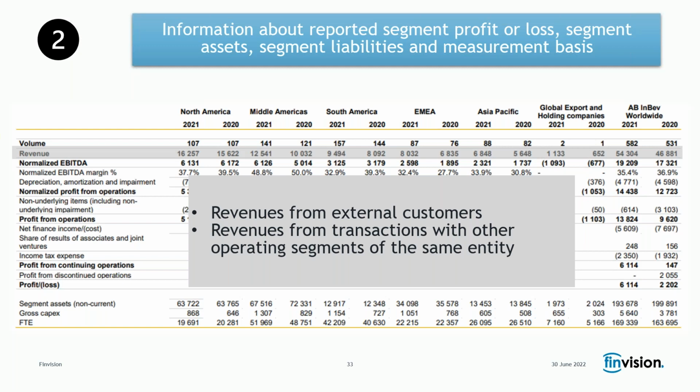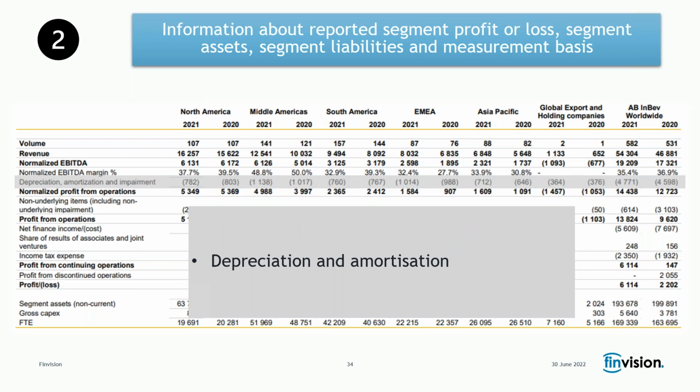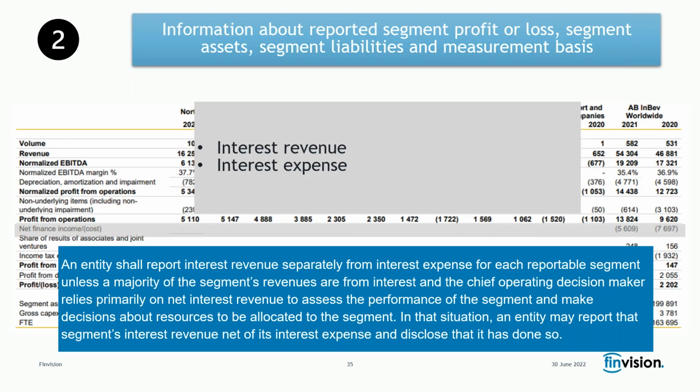So revenues. Secondly, an always-required item is the depreciation and amortization line that you need to disclose. You need to disclose interest revenue and interest expense. Here you see also that they combine it, and I know why, because it's not part of the measurement basis of the segments.